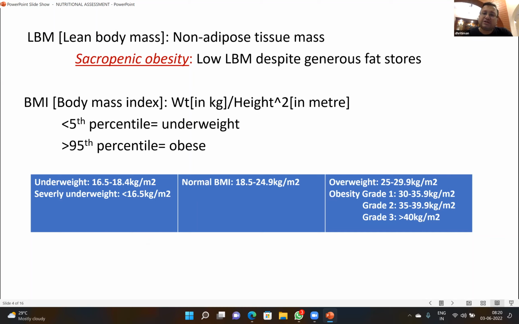If the body mass index is below this, then underweight, and median value plus 2 standard deviations. If BMI is above that, then you say it is more than 95th percentile. This is an important correlation, because 5th percentile does not give you a working idea as to how to calculate it. So you must know the parameter that is used for calculation. Where you have mentioned the serum markers, you have mentioned almost all.